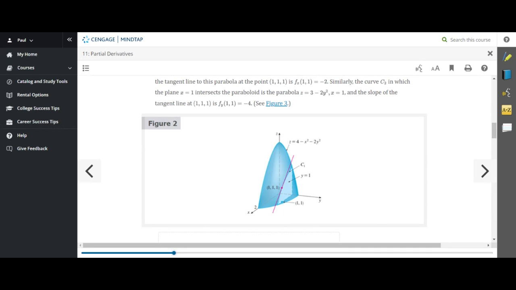As x increases and we move along that tangent line, are we moving downward or upward? If we're skiing along the tangent line in the direction where x gets larger, are we skiing downward or upward?